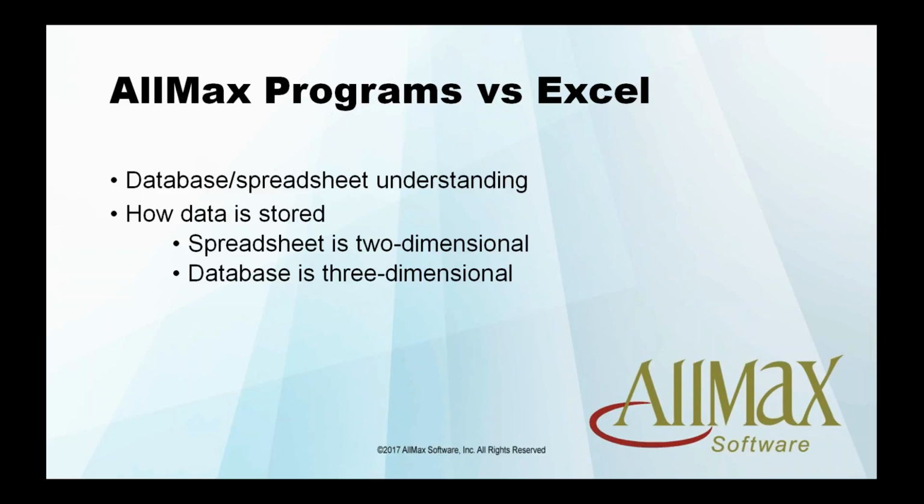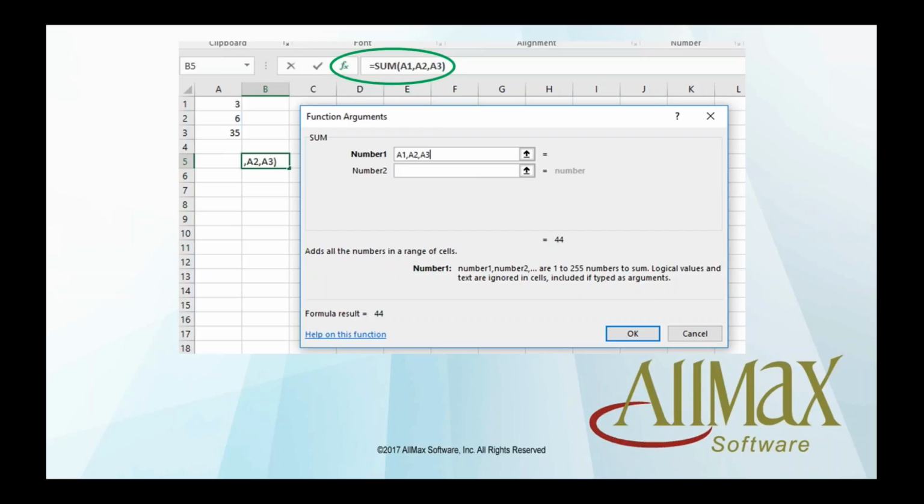When we look at Excel from a formula standpoint, you're creating a formula for a given cell. In doing so, you pick a function. I want to see the sum of these three cells in this spreadsheet that I'm showing you here.